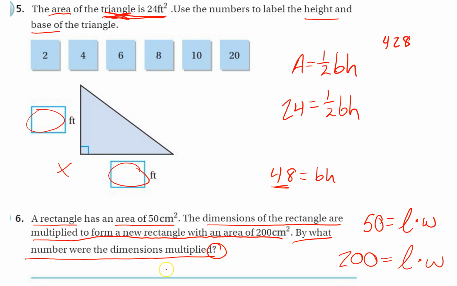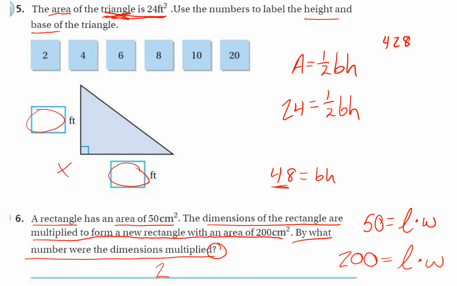So I know the length and the width must be 2 times bigger. So by what number were the dimensions multiplied? 2. They were multiplied by 2.